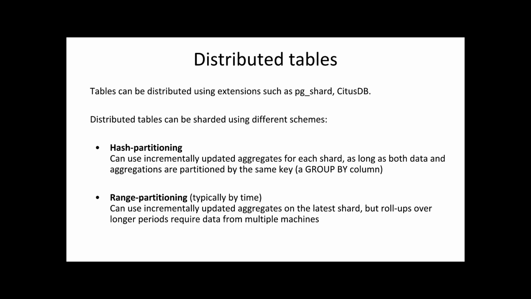But then if you want to do a roll-up over a month, this will require pulling data from different machines together, and that can get very complicated. So which partitioning scheme you pick restricts what you can do in terms of calculating aggregates, or how easy it is to calculate certain aggregates. If your data is dispersed everywhere, then calculating the number of events per month can certainly be quite difficult.